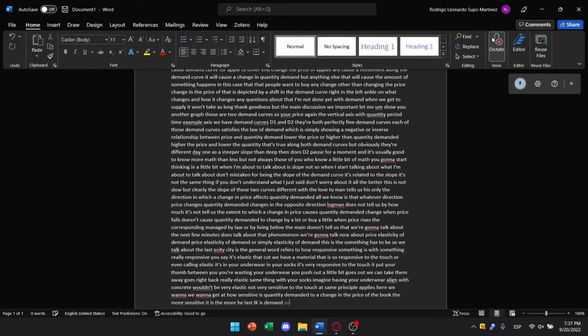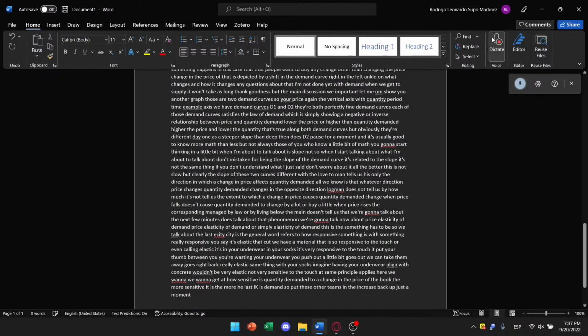So, let me put these other two demand curves back up for just a moment. Let's say we start at a price of $10. The price is $10. Let's say that on both these demand curves, quantity demanded is 100.